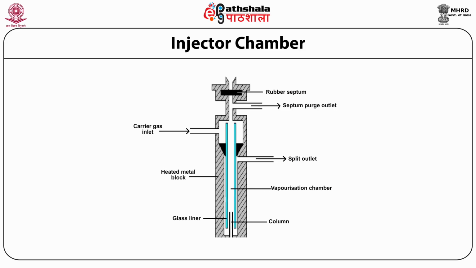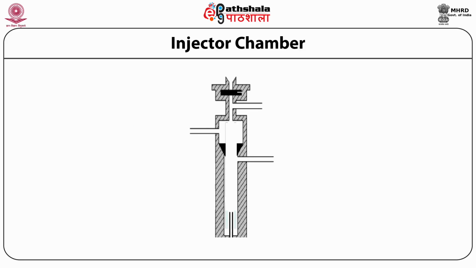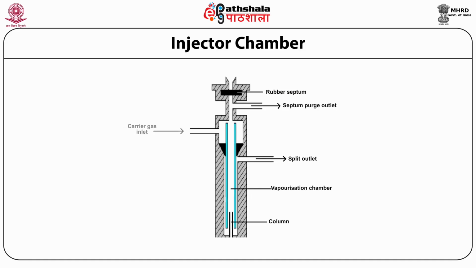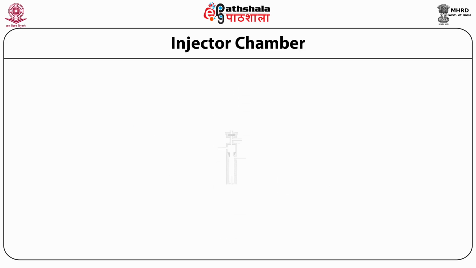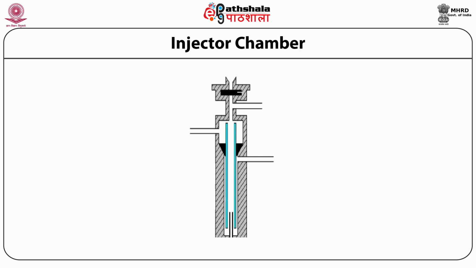The rest of it in the split mode is basically removed through the split outlets. This is done when you expect your analyte concentration to be very high and you do not really want to put so much sample into the column.